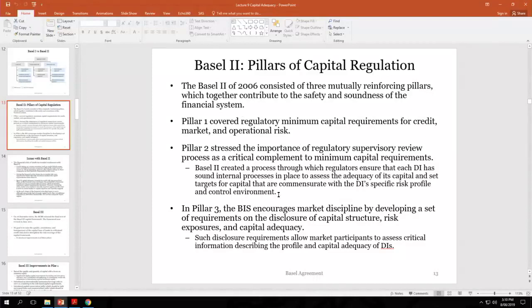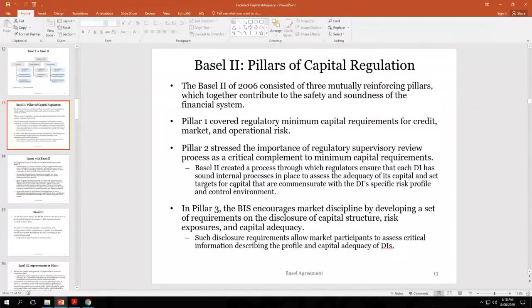There is also a second pillar, Pillar 2, which emphasizes the importance of regulatory supervisory review. The idea is we require banks to set up an internal monitoring system, and that system is also linked to the domestic regulator. In that way, the banks' internal risk management team monitors their risk, and the regulators also have an avenue to monitor the banks.